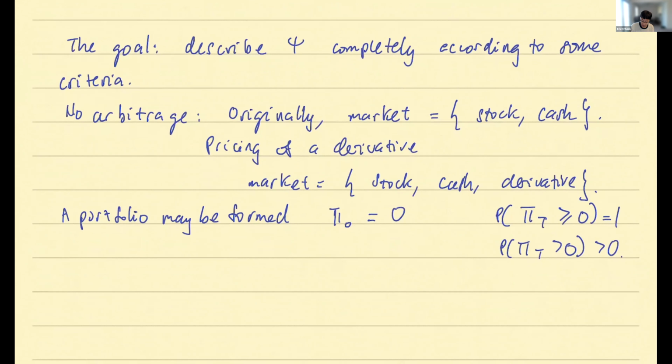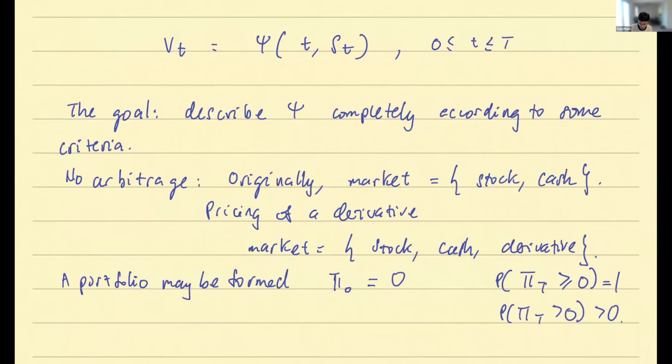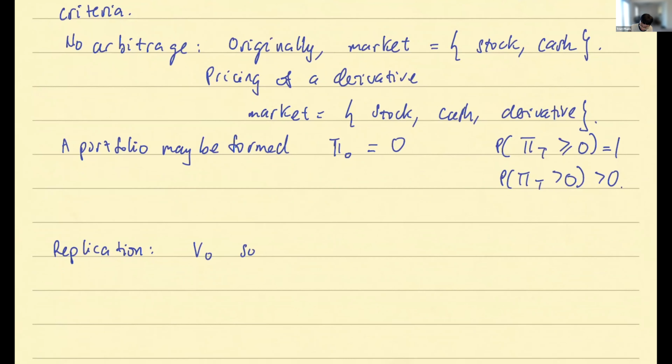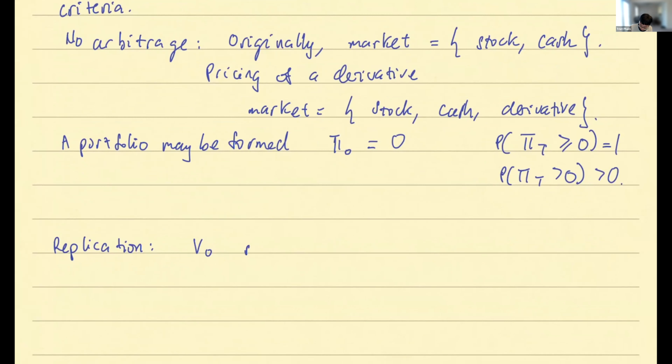All right. So the next one is the replication condition. Replication condition actually is a different idea that says that the value of the derivative, the pricing activity, in fact, at any time t, but you can say at time 0, should be just enough to form a portfolio.